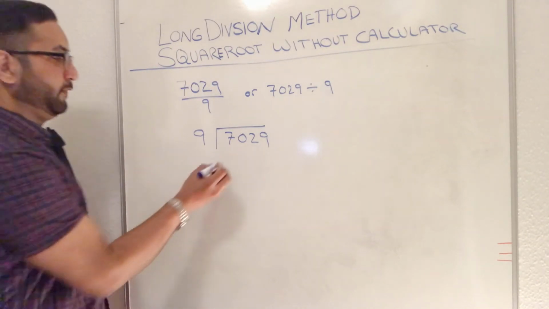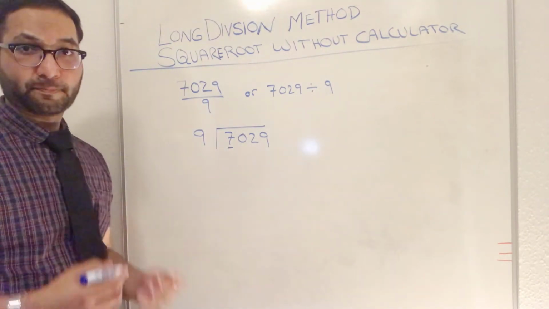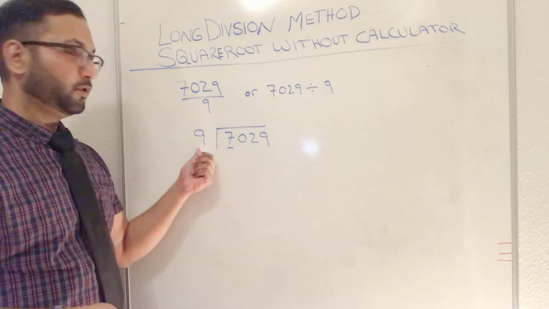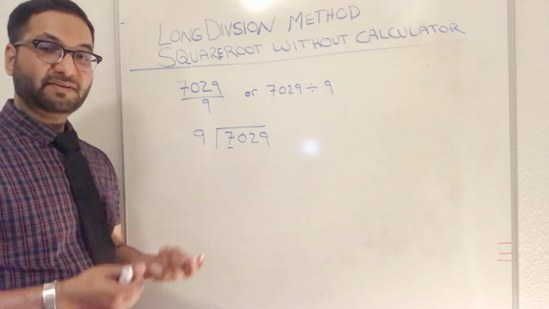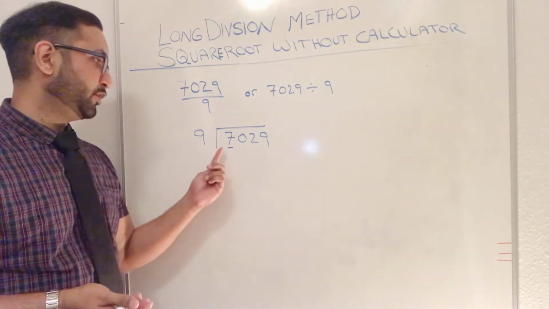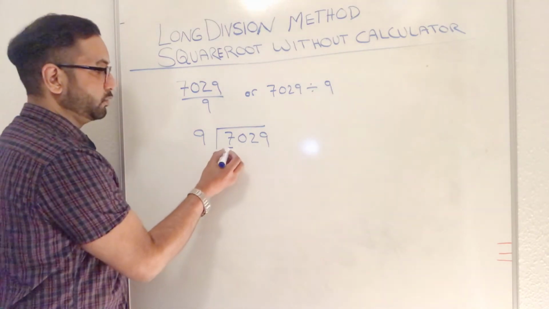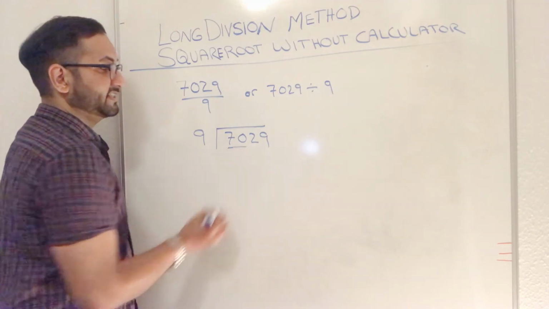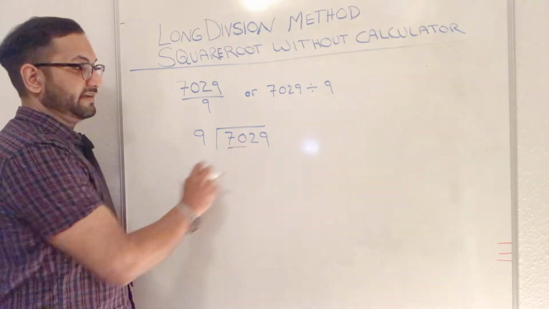So now we need to find out: if we select one digit, is 7 bigger than 9 or smaller than 9? 7 is smaller than 9, so we cannot divide 7. Then we need to select the second digit as well, so that becomes 70.